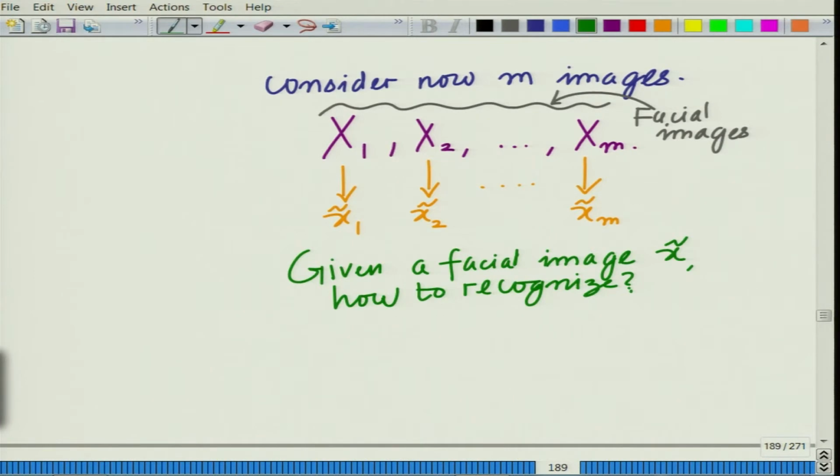That is essentially how to map it to your existing set. That is, which face does this correspond to? Does it correspond to x1, x2? Which one of the existing faces does this correspond to?